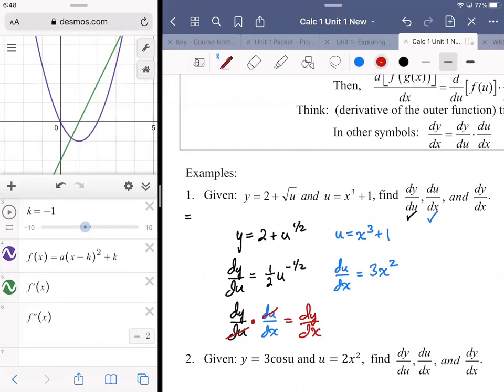So if I take this relationship, before that cancellation, I know it's going to be equal to dy dx.